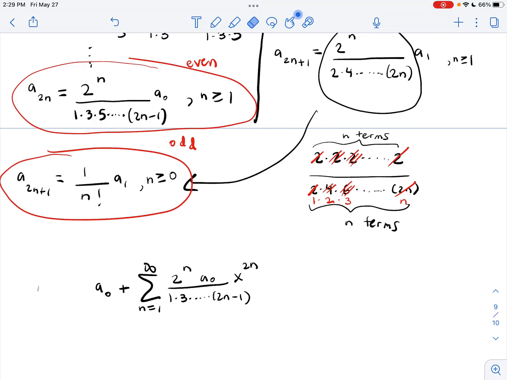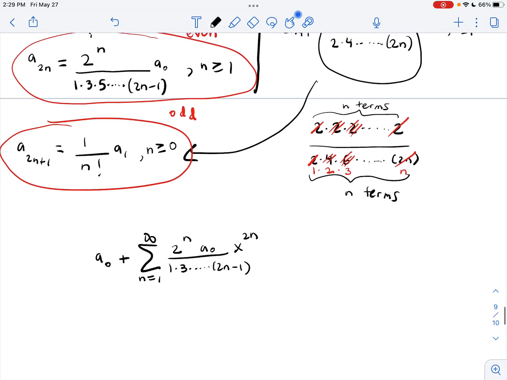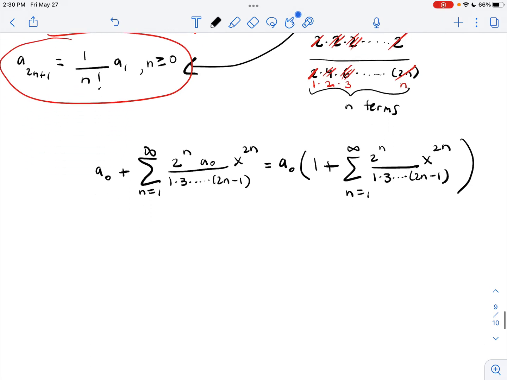Before I write down my y1 of x here, I want you guys to realize, though, that when you write your series this way, you could still factor out your a naught because it comes out of everything, and so you end up with this. So really, that's our first solution.